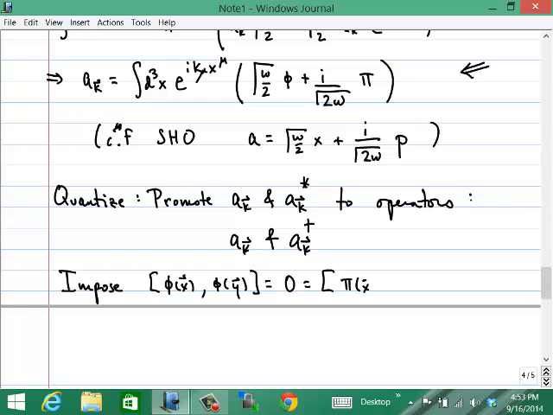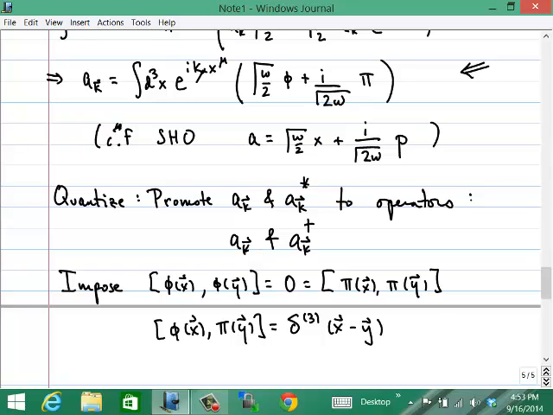And likewise, the commutator of the momenta is equal to 0, and the non-trivial commutation relation is the one between the field variable phi and the conjugate momentum pi. Okay. So let's just take these relations and see what they tell us about the commutators of a_k with itself and with a_k dagger.